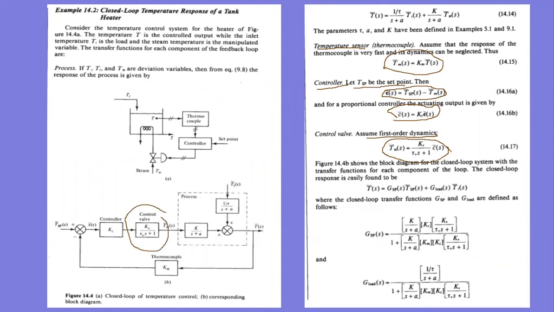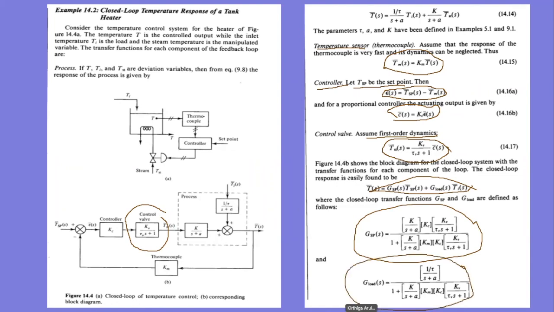So we will get the closed loop response as this equation, where GSP is equal to G over 1 plus GM, and G load is equal to GD over 1 plus GM, where it is expressed in this way, where we have substituted the G and GM, and then this is the G load. So these are the closed loop transfer functions of the set point and load.